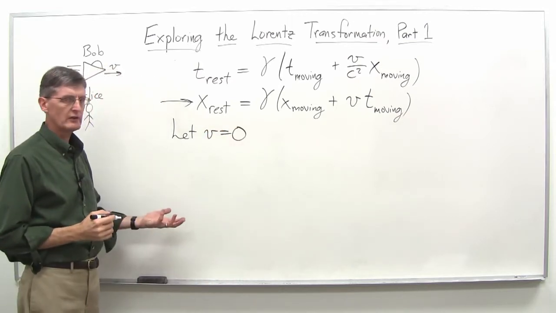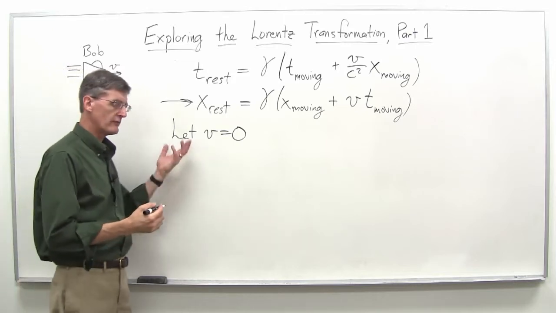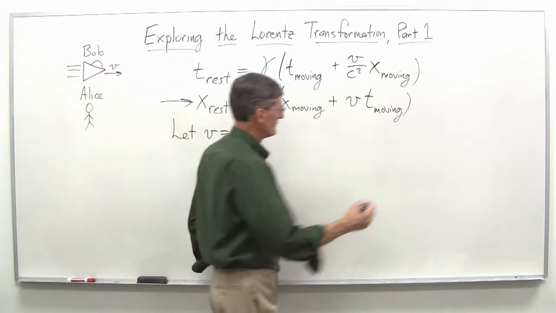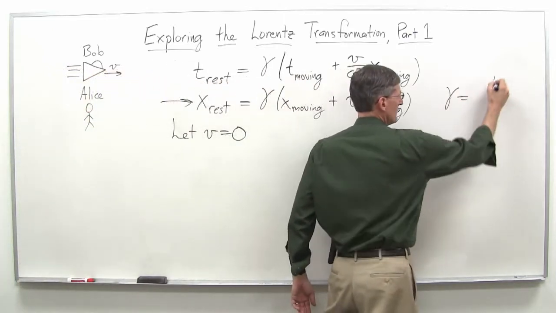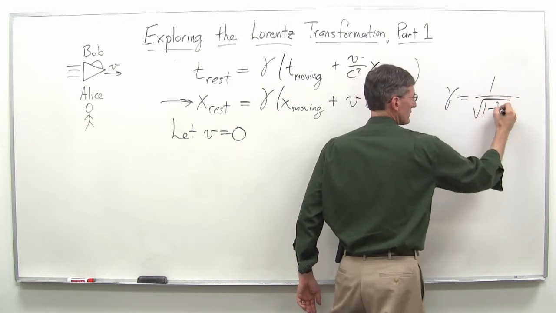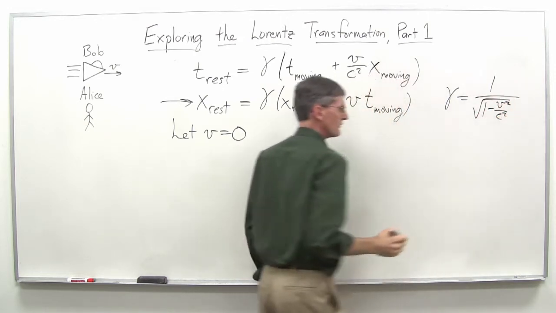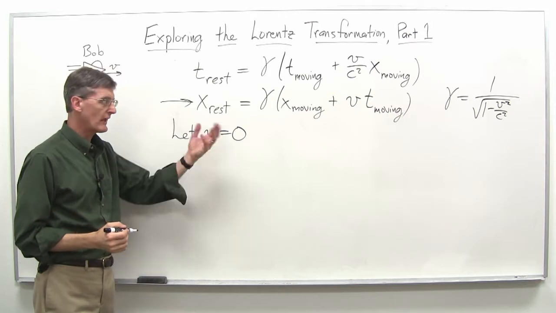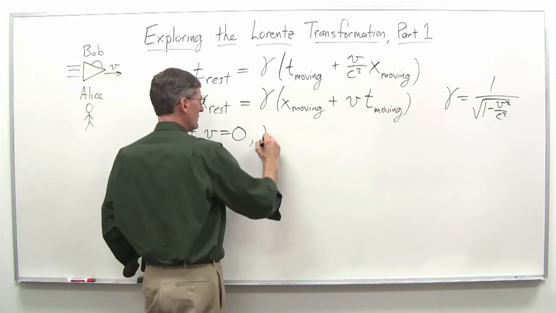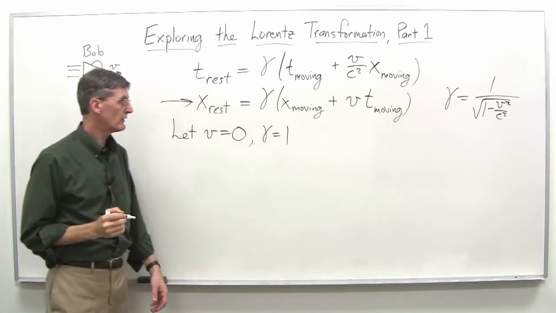What if the velocity is 0 here? Well, let's remind ourselves of gamma: 1 over the square root of 1 minus v squared over c squared. If velocity is 0, gamma is 1.